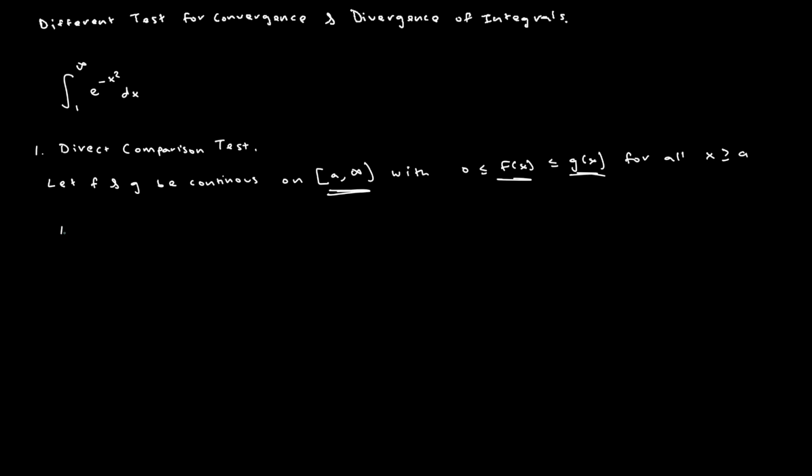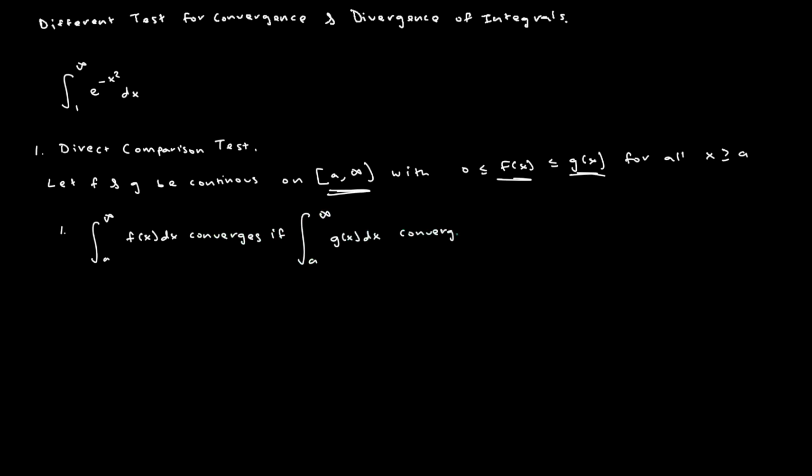Then we can say that the integral from a to infinity of f of x dx converges if the integral from a to infinity of g of x dx converges.